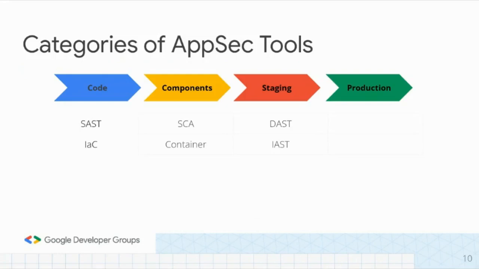And also there is IAST, so interactive application security testing, so manual testing, so a hacker goes and tests. And in production, you have cloud and infrastructure tools, so like access management, fine-grained access control, VPN, this and that, all sorts of defensive and sometimes, depending on the cloud provider, offensive tools to test your production environment.